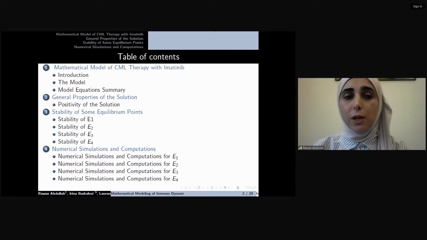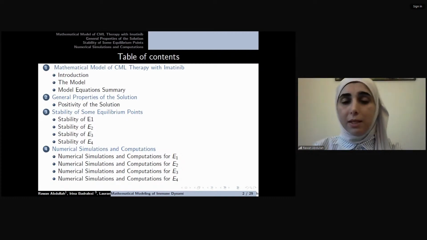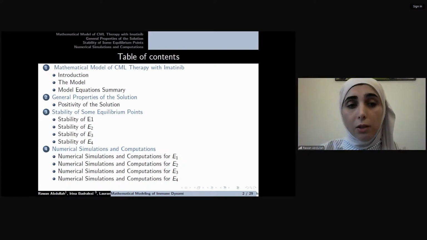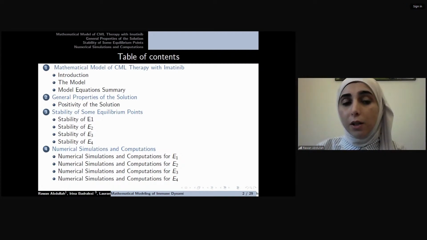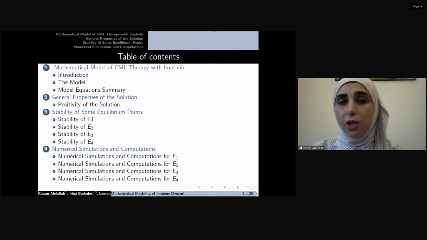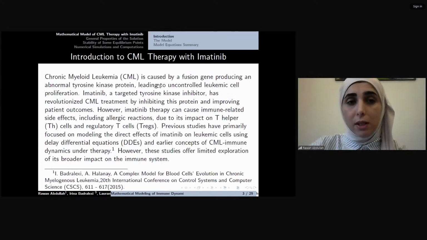In the first part, we'll give a brief introduction about mathematical modeling for CML therapy with imatinib, and then we will introduce the model with a brief summary of the equations. In the second part, we will move to some general properties of the solution. In part 3, we will dive into the stability of some equilibrium points, E1, E2, E3, and E4. And finally, we will introduce some numerical simulations and computations of the equilibrium points.